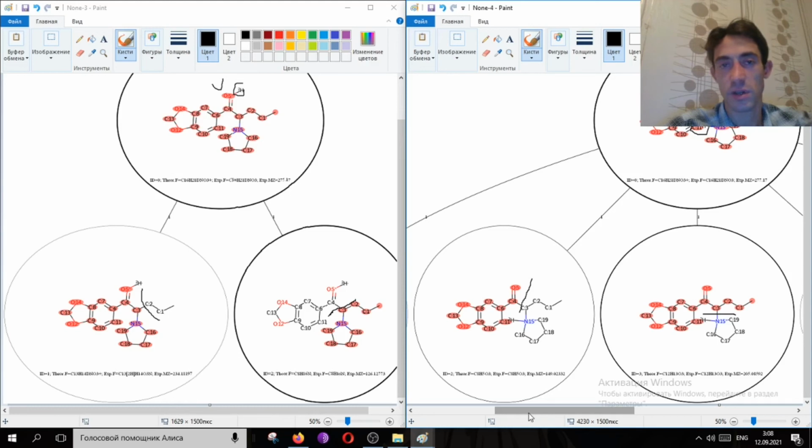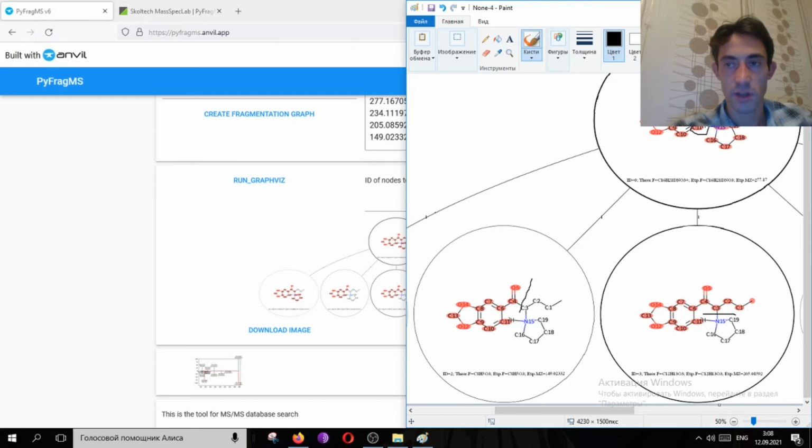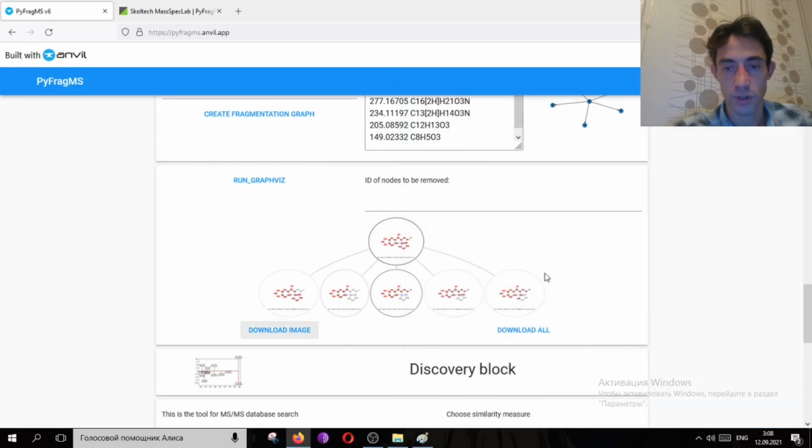That is what we are doing right now. It is also possible to use not only deuterium, it's possible to use oxygen-18 information and so on. So this is how it works.